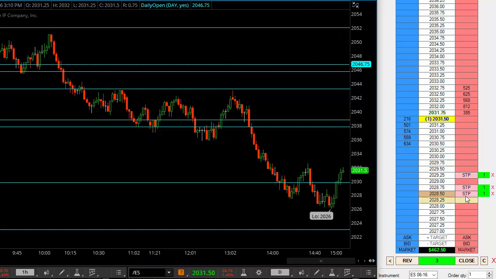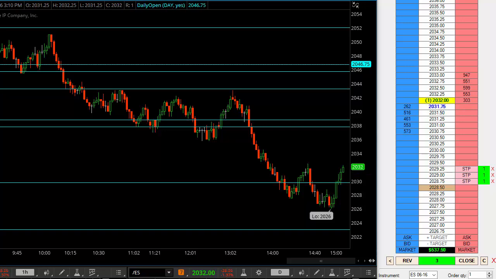So you can see S&Ps are here. It's kind of hard to see when I speed the image up what I'm actually doing on the other contracts.